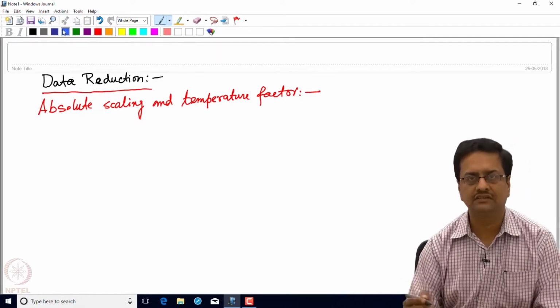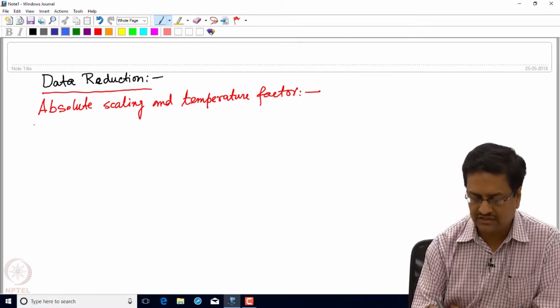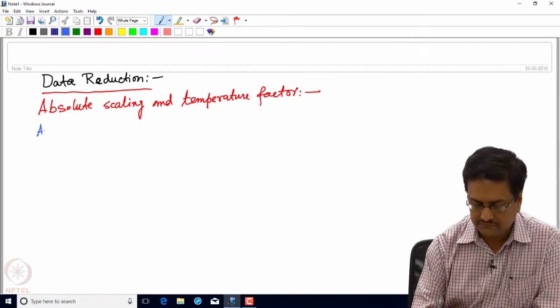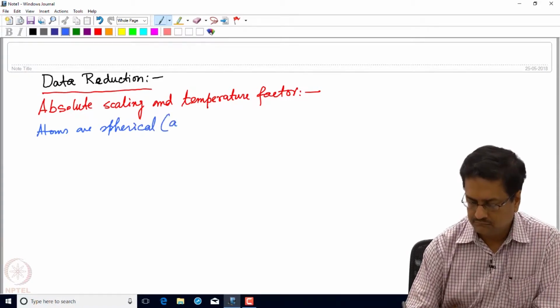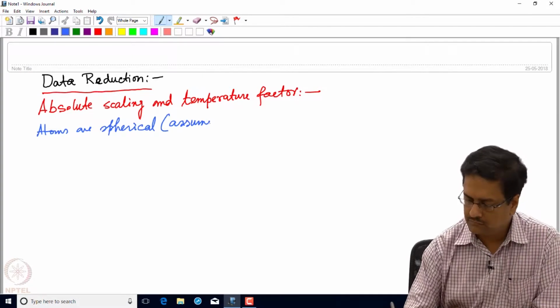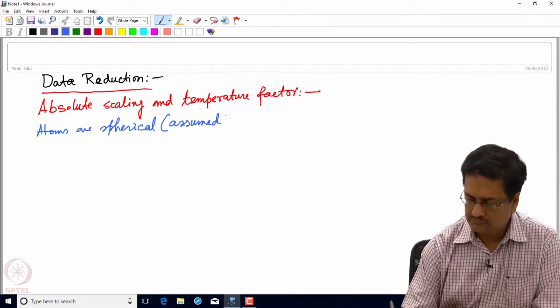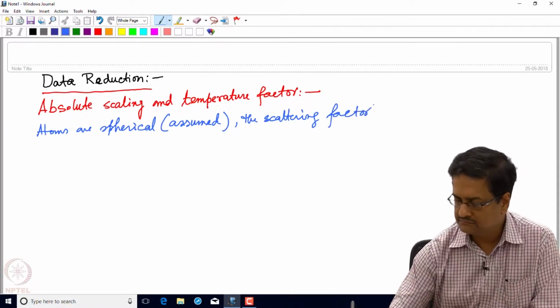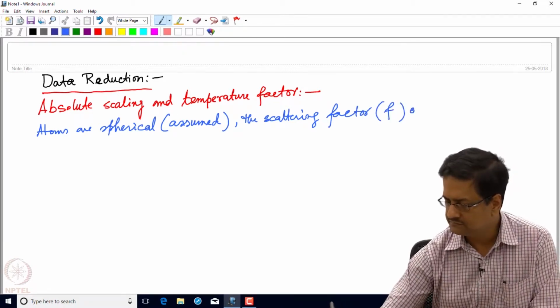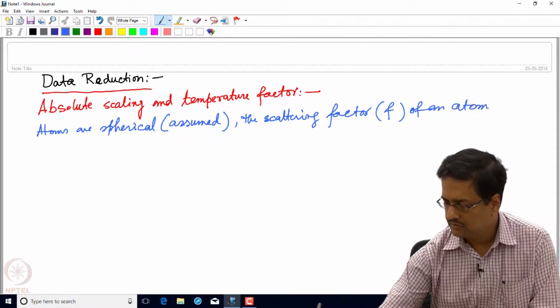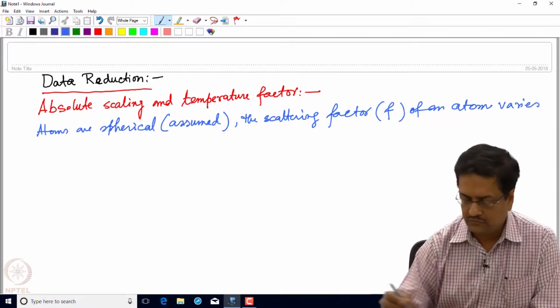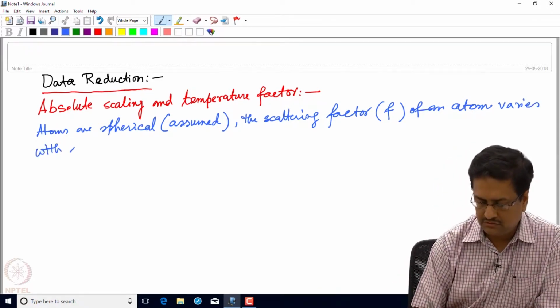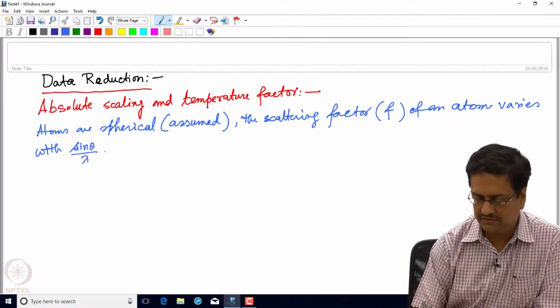If we assume the atoms are spherical in nature, the scattering factor of an atom, that is F of an atom, varies with sin theta by lambda in the following fashion, as you already know.